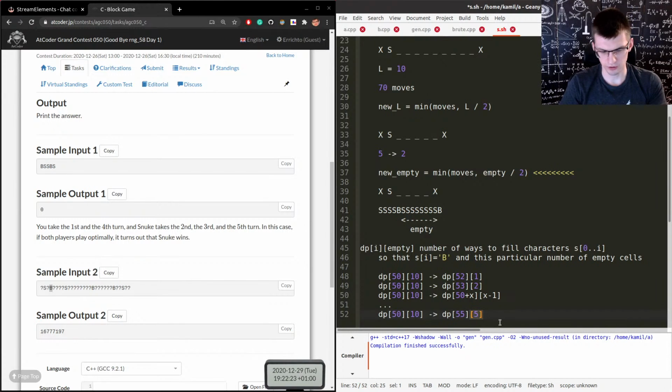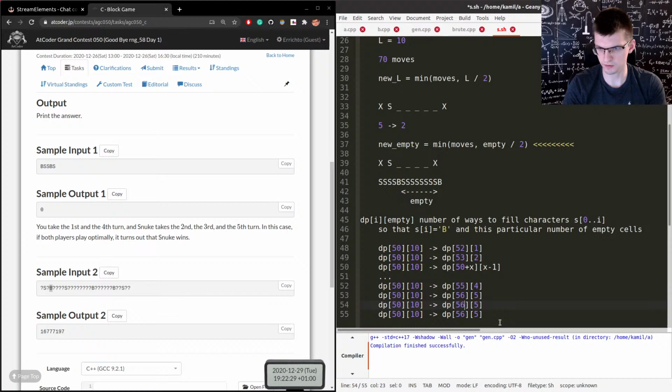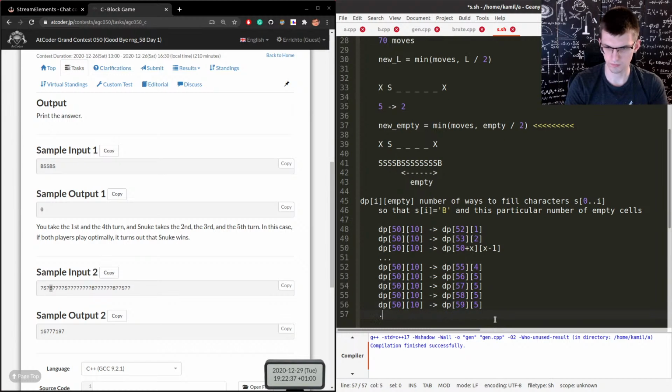This is still 4. 6 is 5, and then always a 5. So this is easy with prefix sums, where maybe, well, this is kind of diagonal prefix sums, if you imagine the two-dimensional DP array.